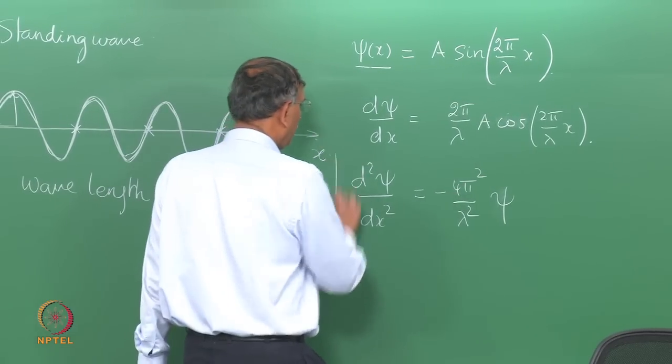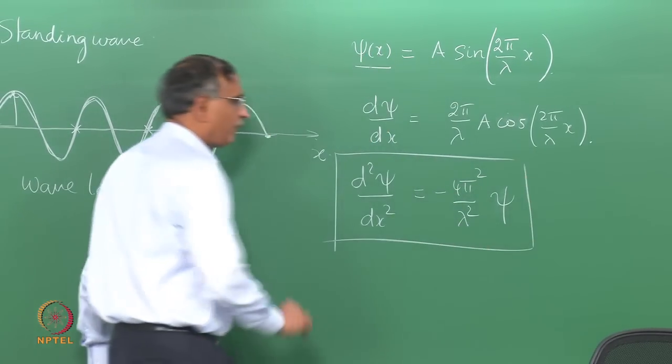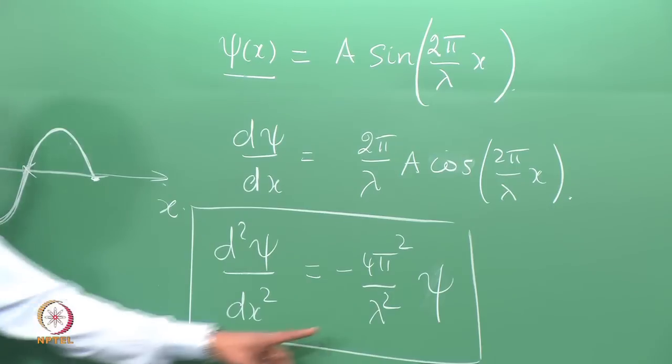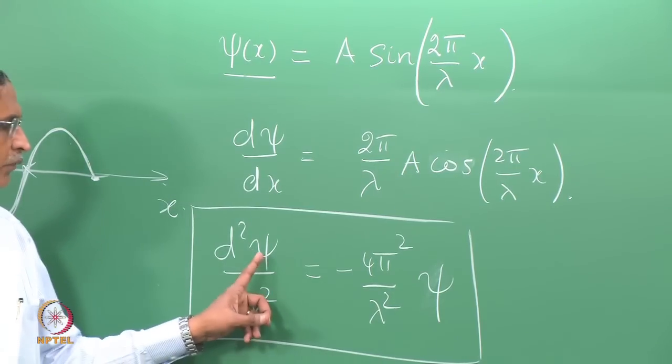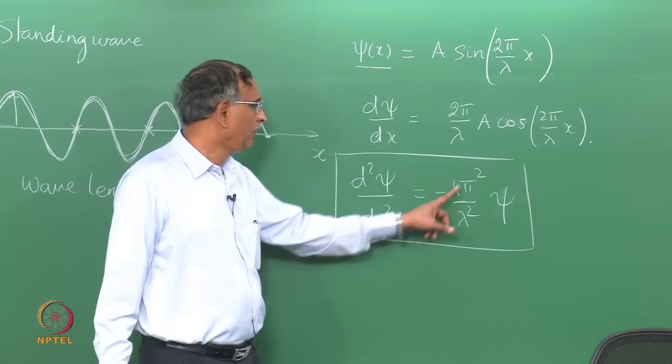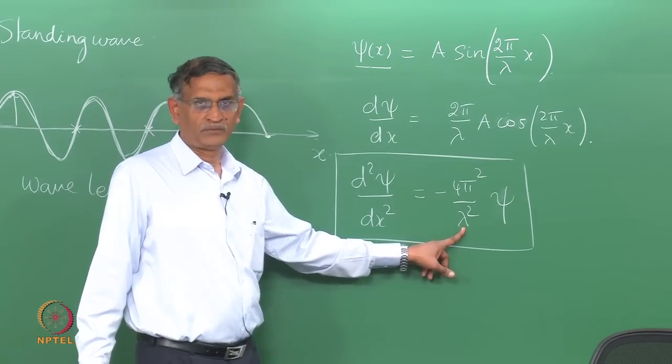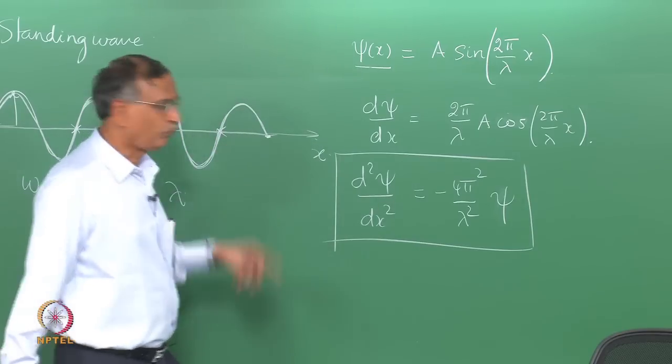Therefore, you see that the standing wave satisfies the differential equation d square psi by dx square, where psi is the amplitude of the wave with lambda, the wavelength associated with that.